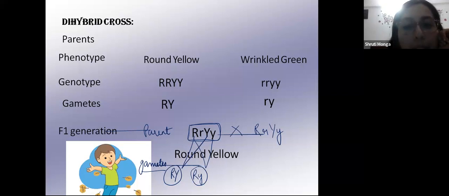Multiply small r with capital Y, you will get small r, capital Y. Again, multiply small r with small y, you will get small r, small y. Same gametes will come for the second parent also because they are the same, so I'm just writing it.